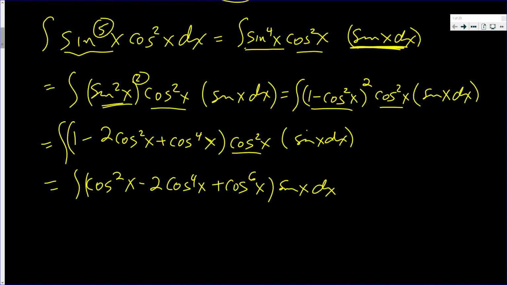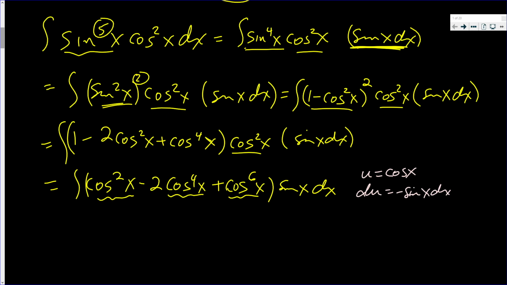Now, if I let u be cosine x here, then du will be negative sine x dx.